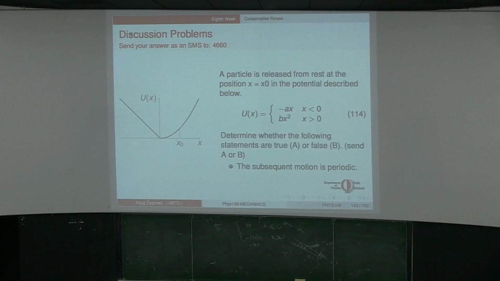Okay, if the position is a function as a sine of some omega t, it is periodic, but that is a special case of periodic motion. This will not be a sine function, that is for sure. So what is periodic? Yes, if you look at the sine, if you just go back and forth, this will be more or less a sine function.